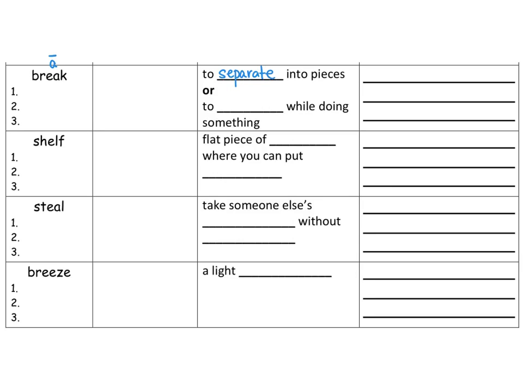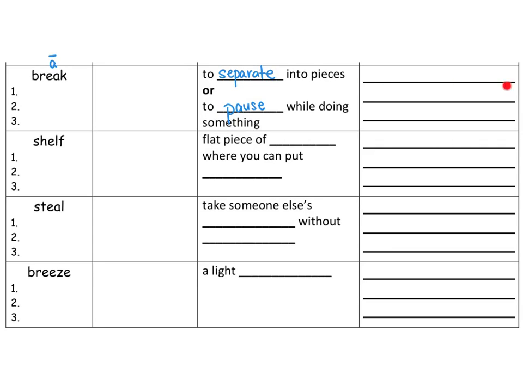Now there's another kind of break which means to pause while doing something. So if I take a break, it means that I am pausing. P-A-U-S-E, pause. To pause while doing something. Now let's make a sentence.